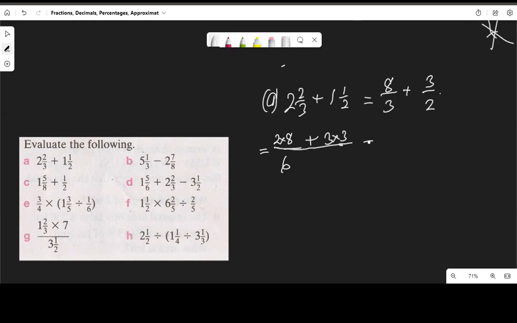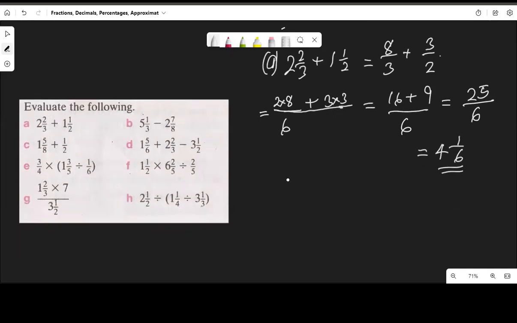So 2 times 8 is 16 plus 3 times 3 is 9, over 6. 16 plus 9 is 25, so 25 over 6. 25 divided by 6 is 4 remainder 1, which we write as 4 whole number 1 over 6. That is for question A.